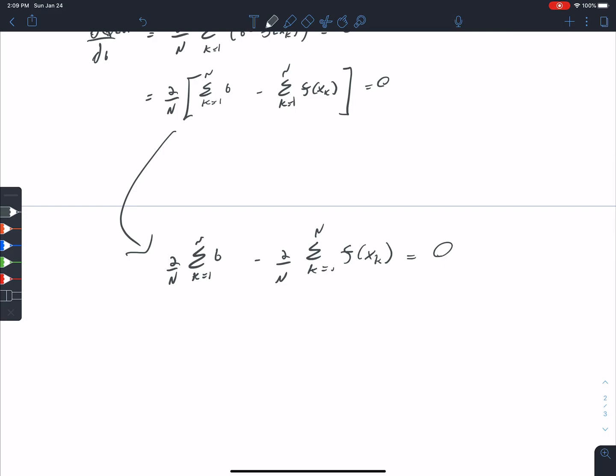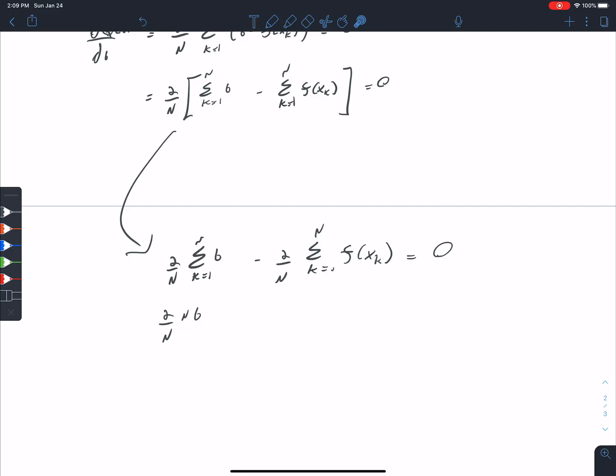So now, this b here, I can take this out, right? So the sum here is going to be written as 2 over n, but I'm summing n times b. So this is n times b, because summing b n times equals n times b.